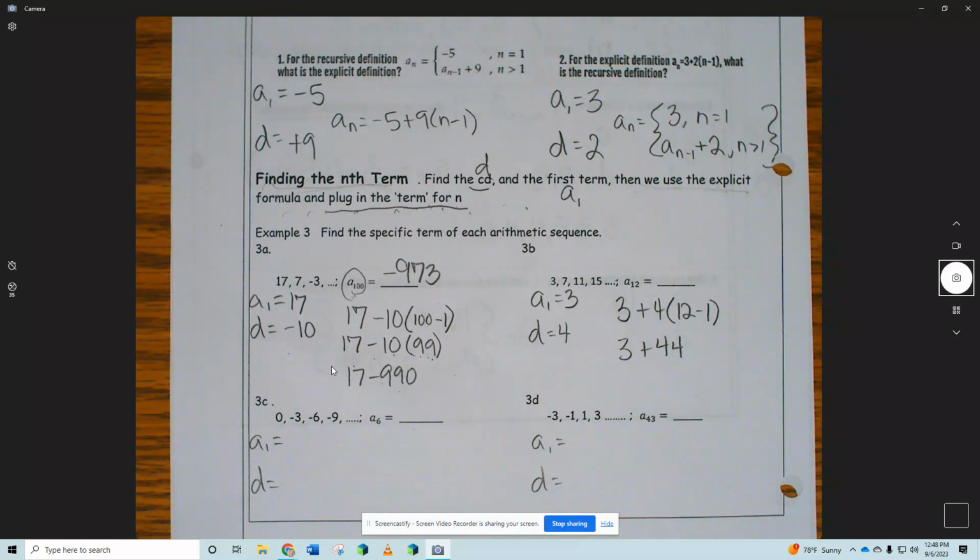What do you think? Easy or difficult? Easy. 3C and 3D, go ahead. On your own.